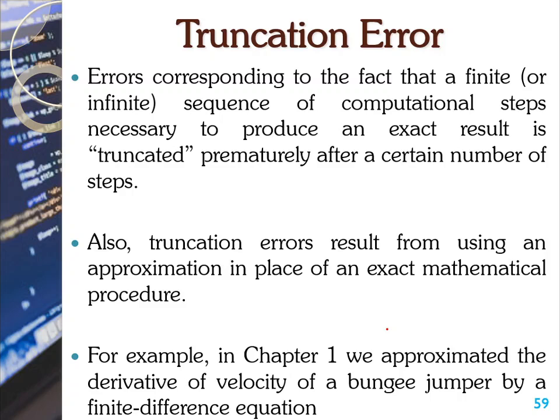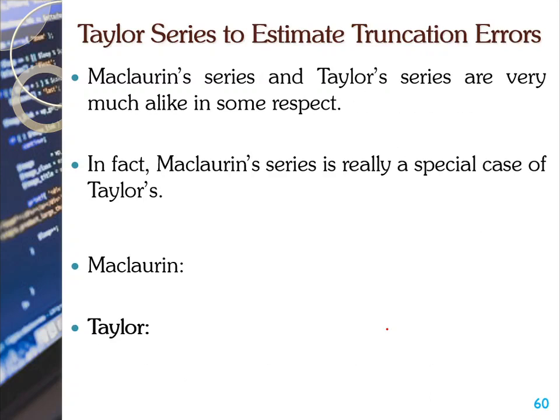In that same case, let's think of our problem that we started with in chapter 1, that is the jumper. If we were to truncate that expression in that way, we are going to lose some sort of information in there. So that is also another part that we should have looked at.